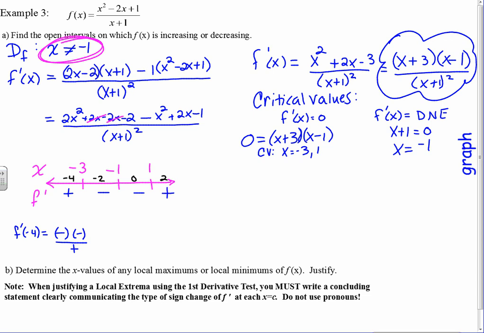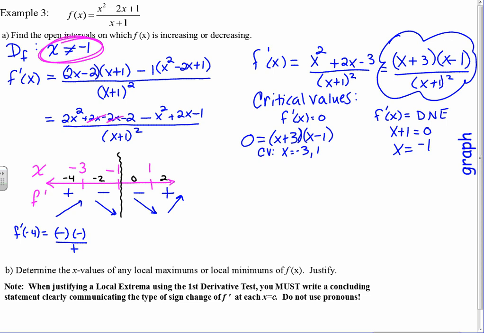And it looks like that for a sign chart. I can tell that I'm increasing, decreasing, continuing to decrease, probably flattens out at that -1. Oh, hold it. We talked about the fact that it is a vertical asymptote, didn't we? And then we're back to increasing function. So just be aware, this is kind of a funky critical value here. It really doesn't exist, does it? We don't have -1 in the domain.